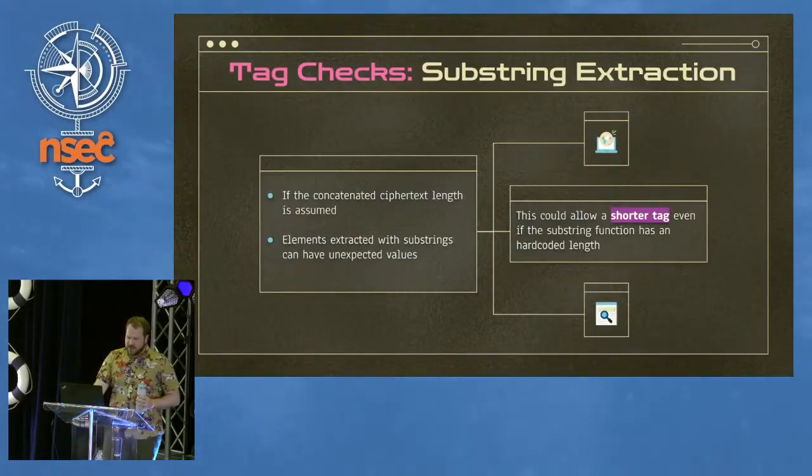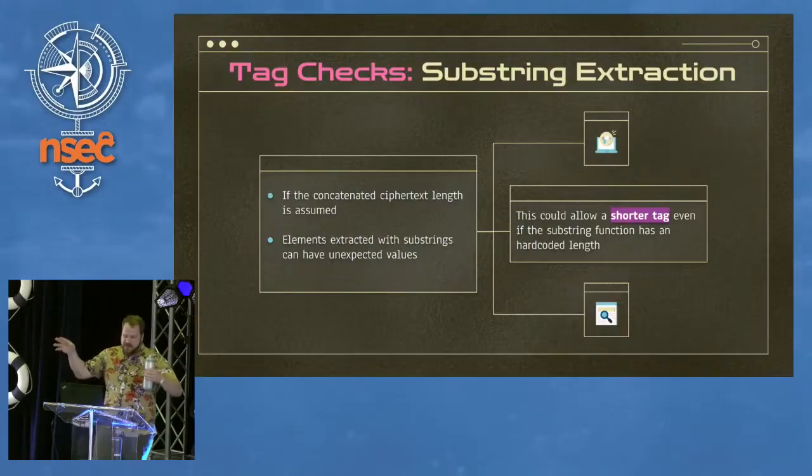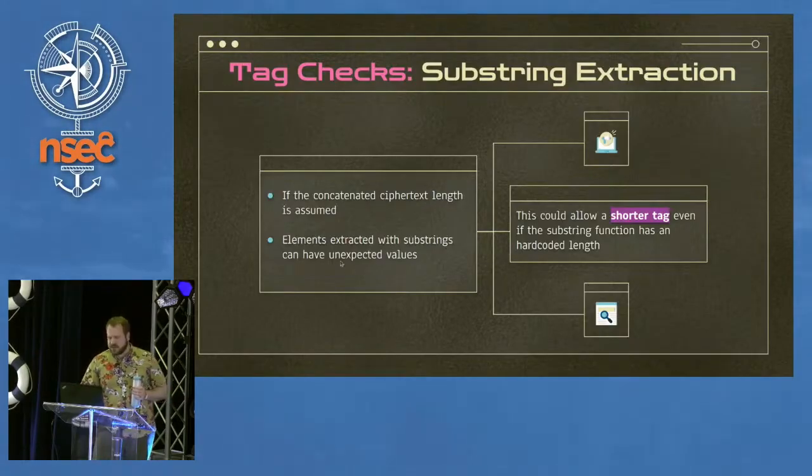And finally, the ciphertext is the rest. So if the length of the ciphertext or the whole thing is assumed, well, when you extract values with substrings, you would probably get unexpected values. Let's think of a shorter string than you thought, and then we'll look into this.